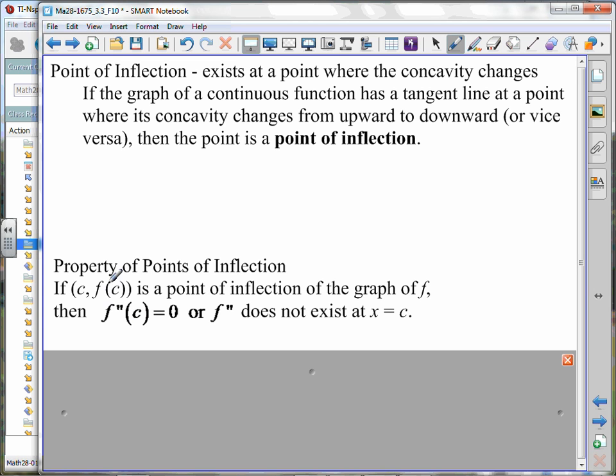If this is a point of inflection, c is the input, f of c is the output, then the second derivative at that point is 0 or it doesn't exist. Keep that in mind. Or it doesn't exist. We can always have that possibility. That's a formal definition of what we've been talking around about.